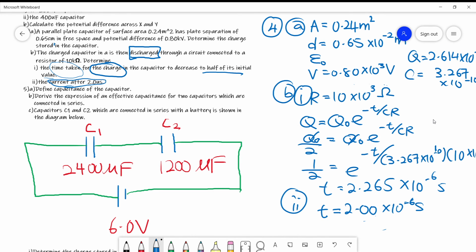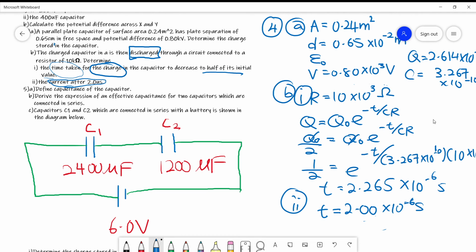So how should I calculate this one? The time taken for the charge to decrease to its. I think question 1 and question 2 are actually not related.